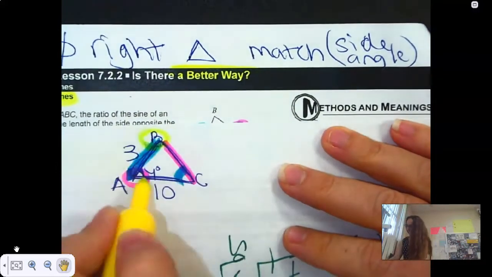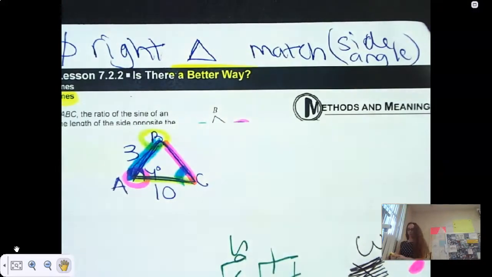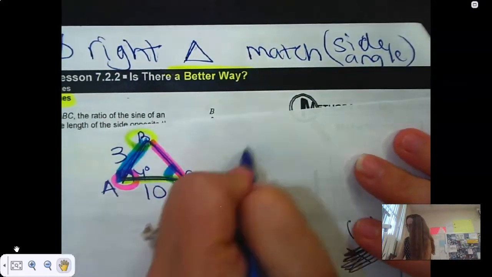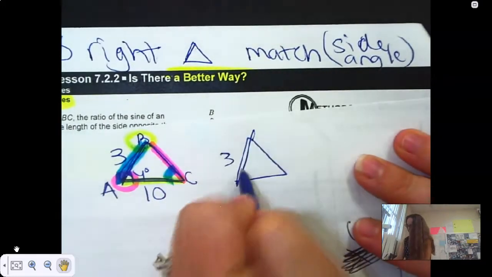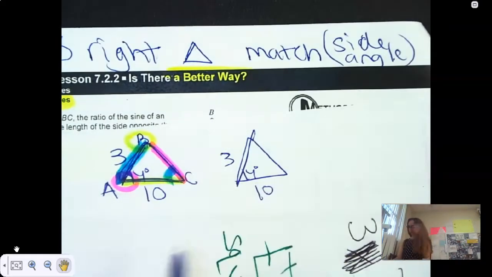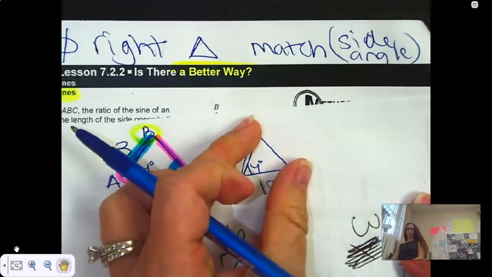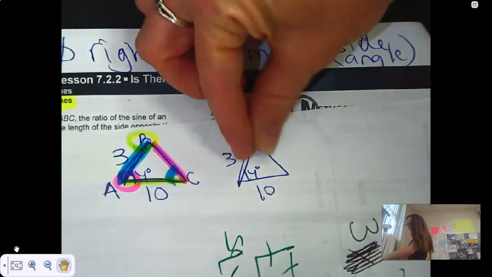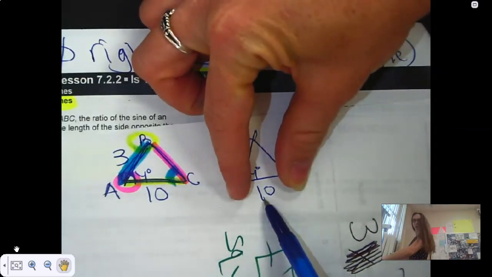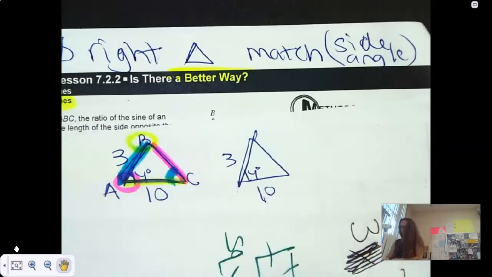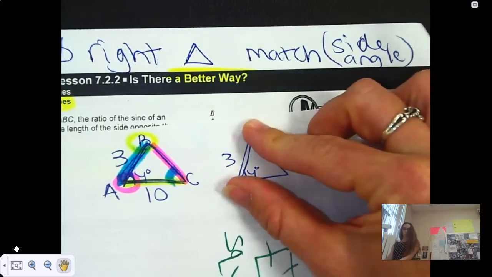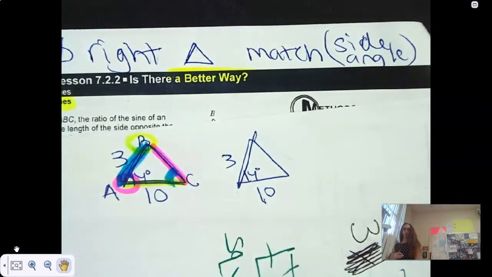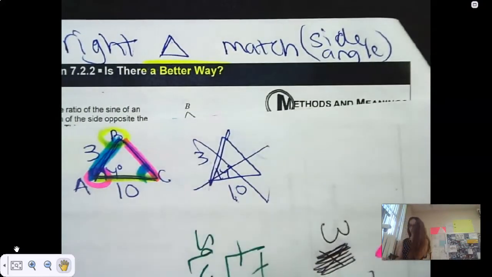And this angle opens to this side. So let me redraw, because some of you are like, Miss Rifkin, you colored it so weird, I can't tell. Okay, so let's look. This opens up to nothing, no match. This is nothing, and it opens up to a side, no match. This is an angle, and it opens up to a side, no match. So no, I can't use the law of sines.